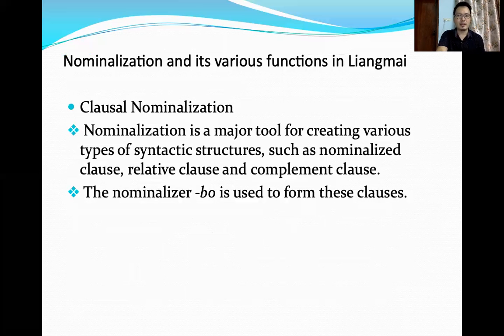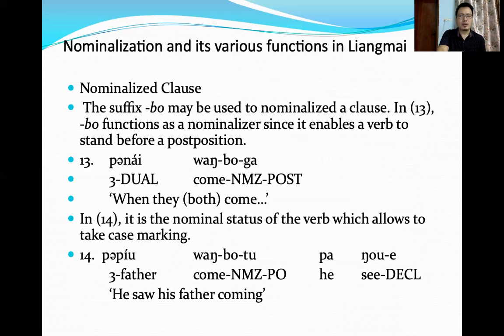Clausal nominalization. Nominalization is a major tool for creating various types of syntactic structures, such as nominalized clause, relative clause, and complement clause. The nominalizer bo is used to form these clauses. The suffix bo may be used to nominalize a clause.